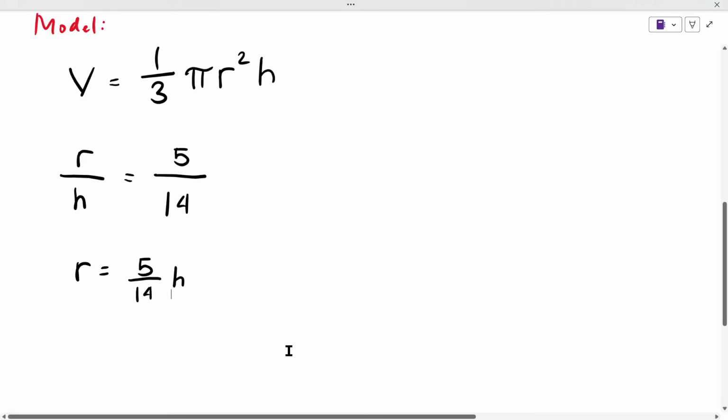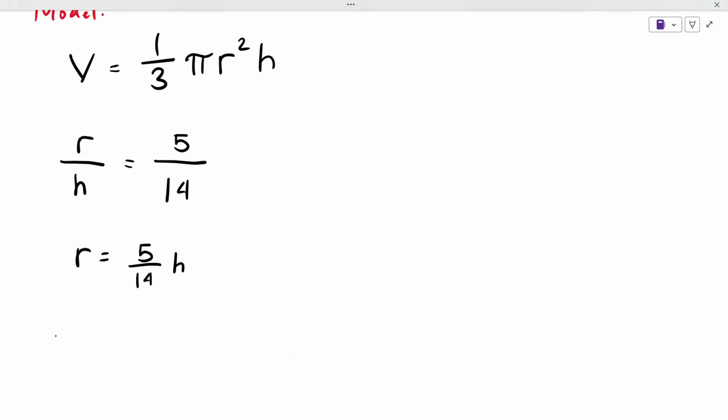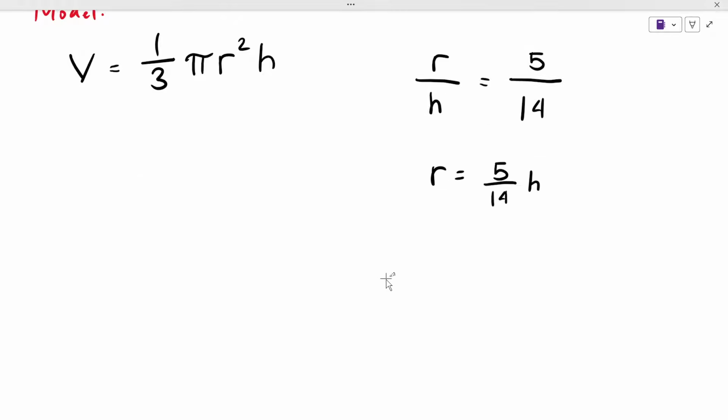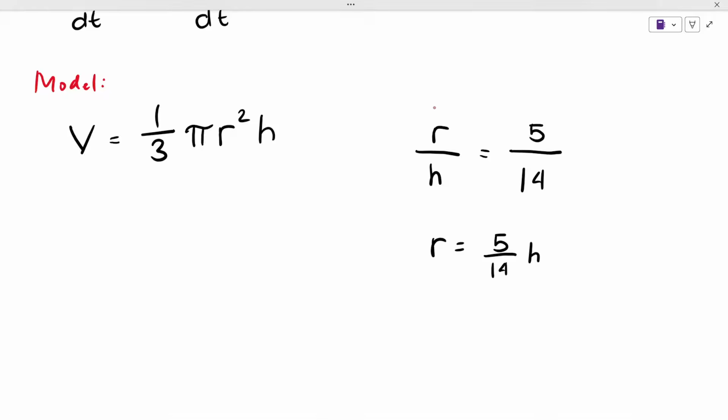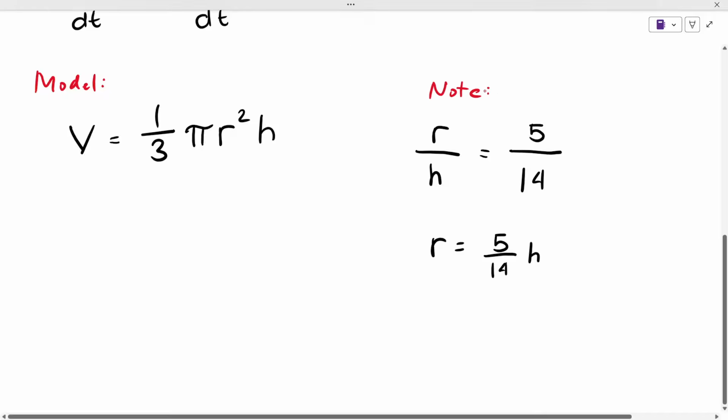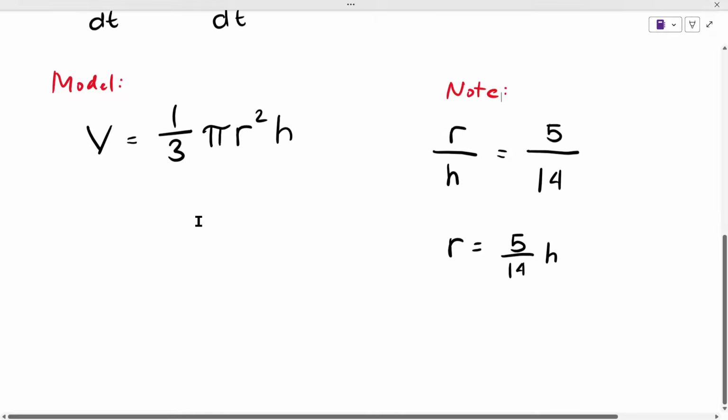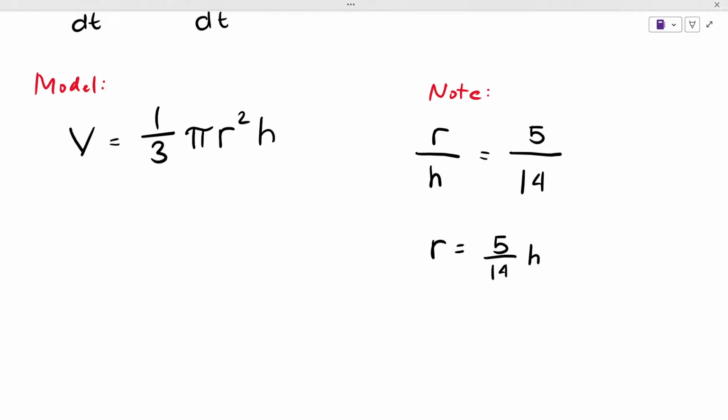So this becomes 1/3 pi times (5 over 14 h) squared times h.